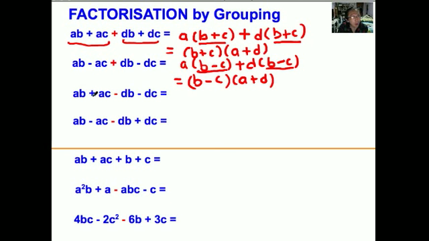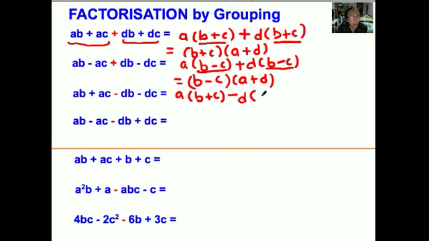We must now pay attention to the last 2 examples. In the first group, we have a common factor of a, giving us b plus c in brackets. Now the sign in the middle is negative. We need to put a negative here, and the common factor here is d.